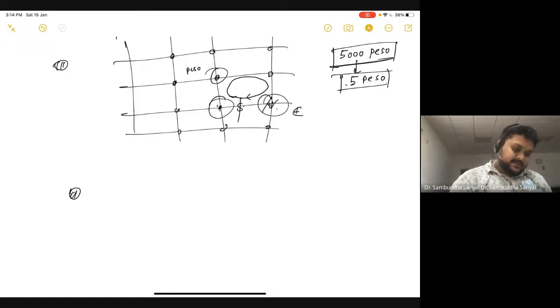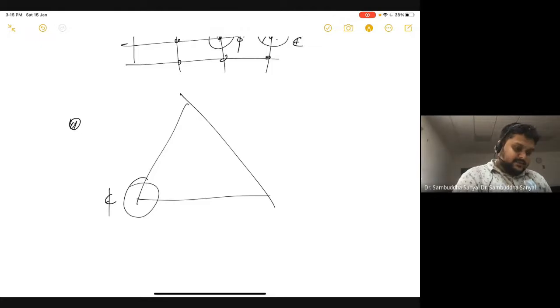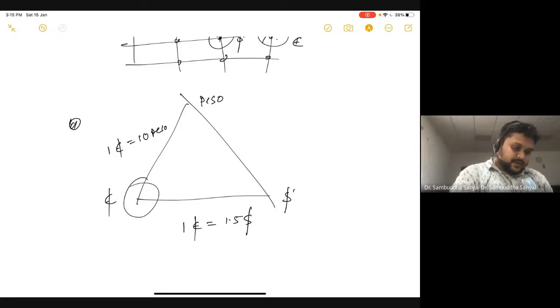Let's say this guy goes around a triangle: one vertex is euro, another is peso, another is dollar. Let's say the exchange is arbitrary, and 1 euro is $1.5, and 1 euro is 10 pesos, and $1 is 10 pesos.